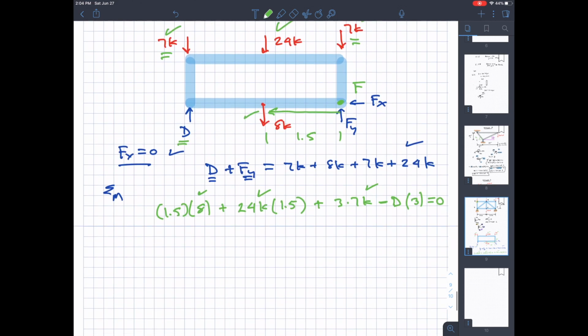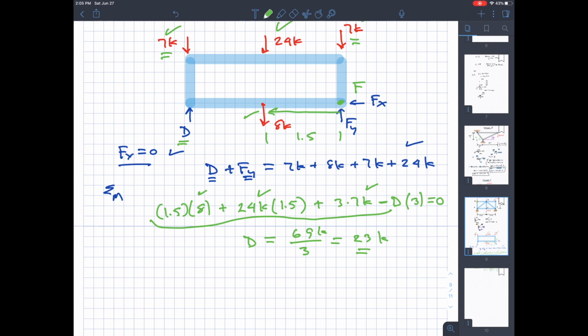From that I can solve for D, and I think D in that case is 69K, these things add up to 69K, divided by 3, which is 23K.